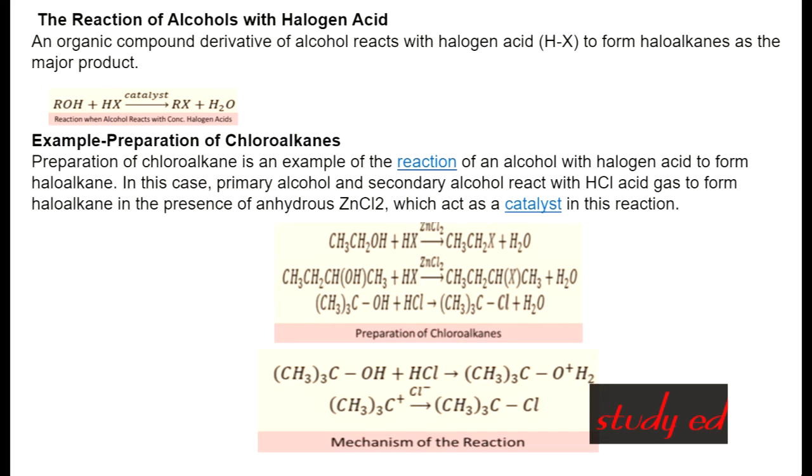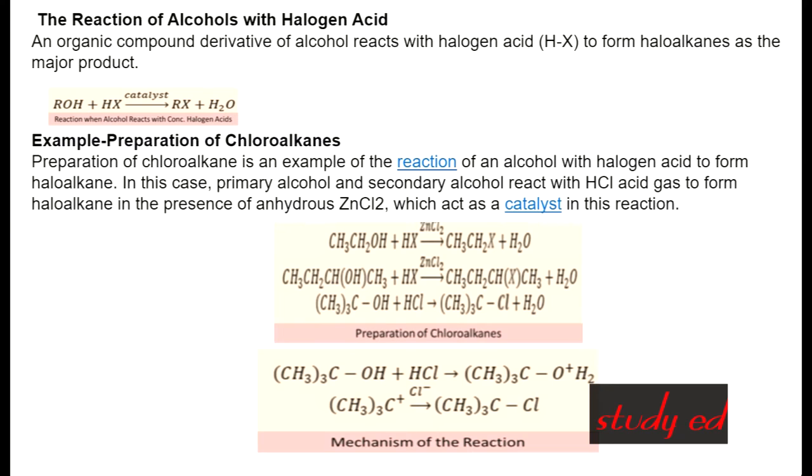We can also note that when a tertiary alcohol reacts with HCl, there is no requirement of a catalyst here, because the tertiary carbocation is more stable and chloride can directly attack the carbocation to get the corresponding alkyl halide.